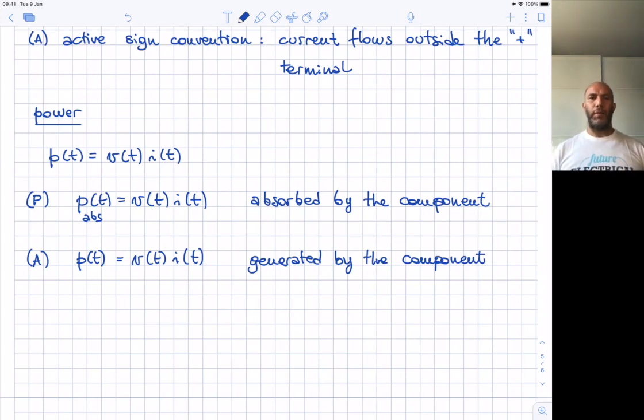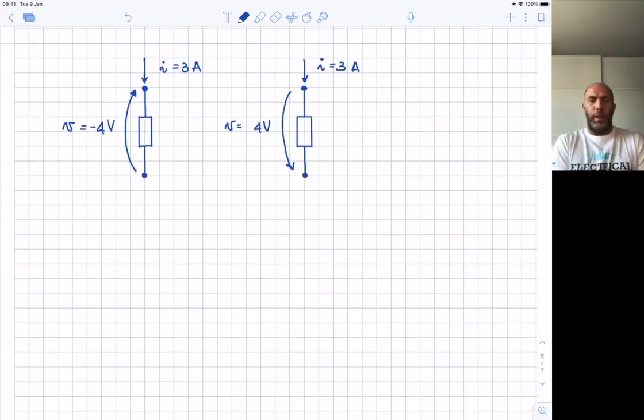So let's study, for example, the same component in the same conditions with two different sign conventions. In the first case, we study the component according to the passive sign convention, and we have the voltage directed from the bottom to the top terminals, and the reading of the instrument is minus 4 volts.